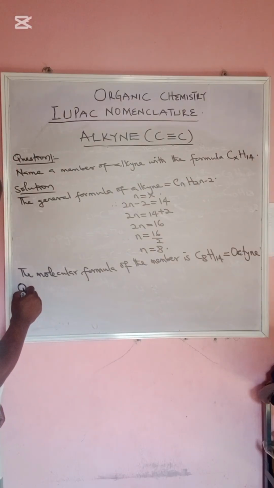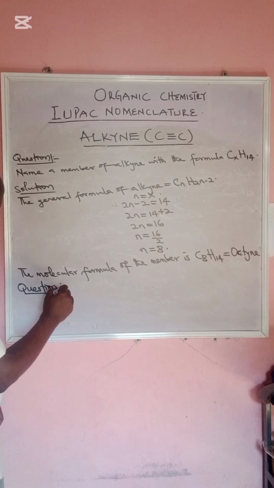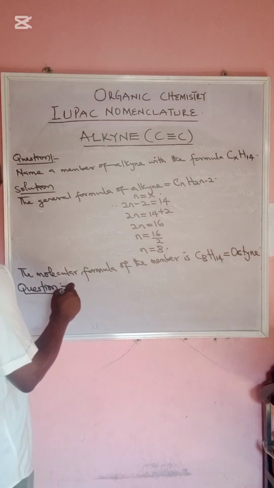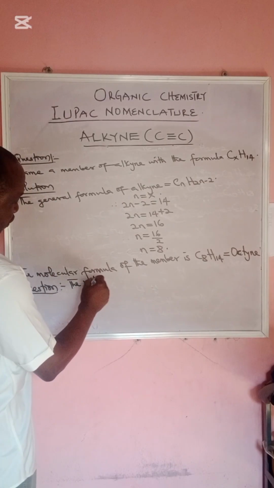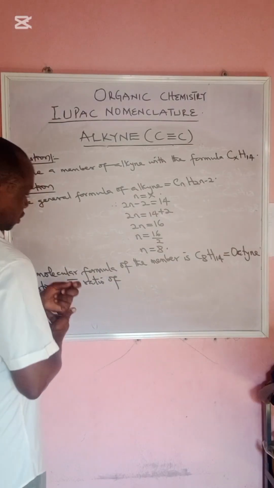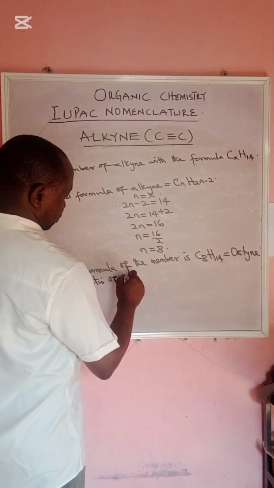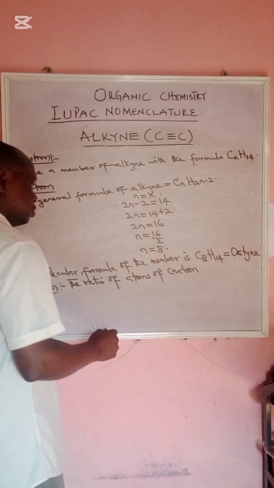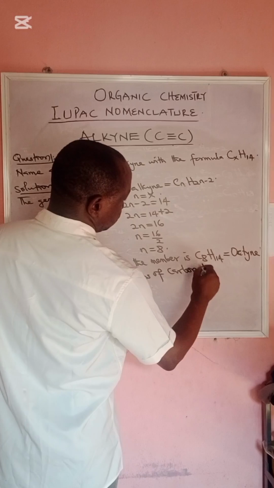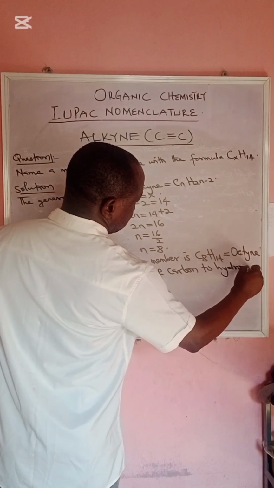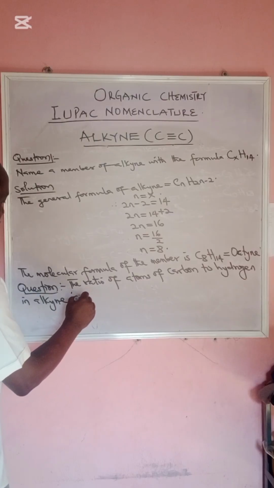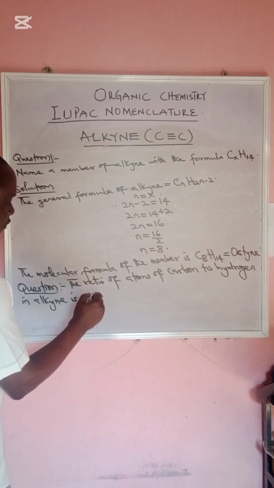Question 2. The ratio of atoms of carbon to hydrogen in an alkyne is 4:7.